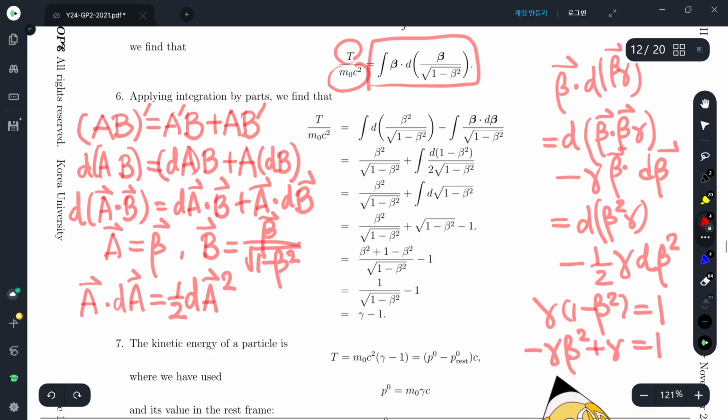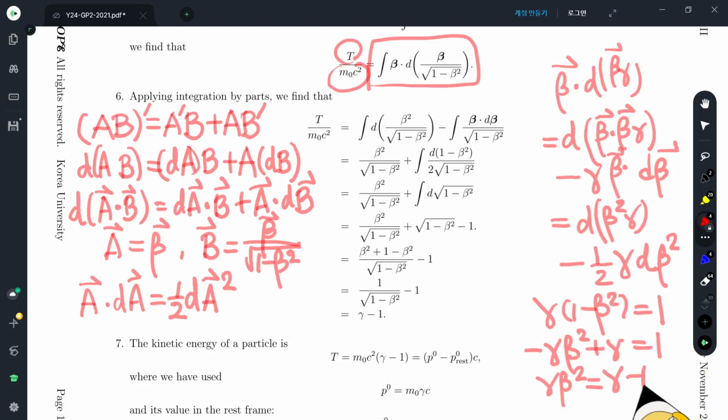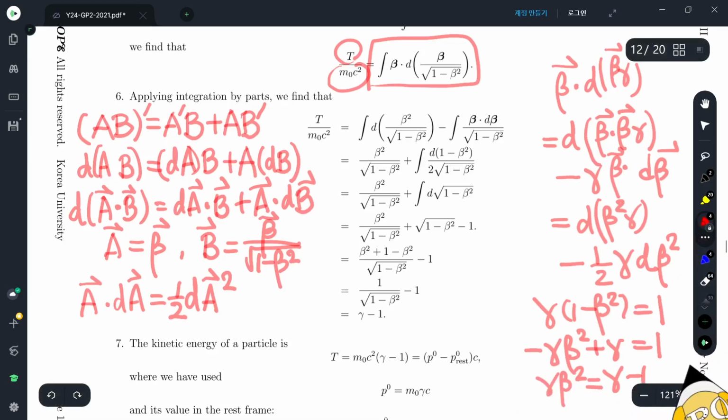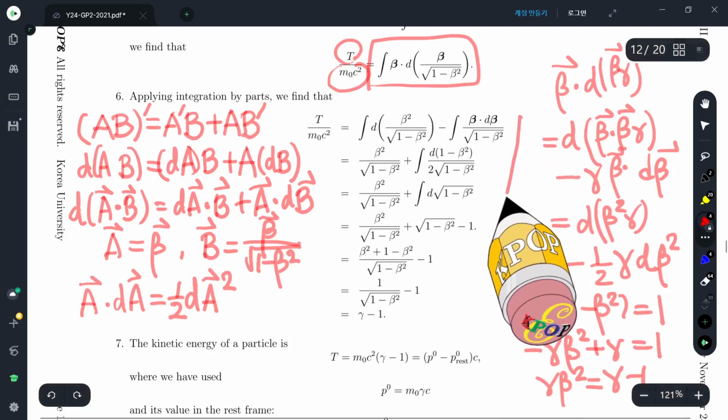So gamma beta squared equals gamma minus 1. This kind of simple algebra can be applied to simplify this integral.